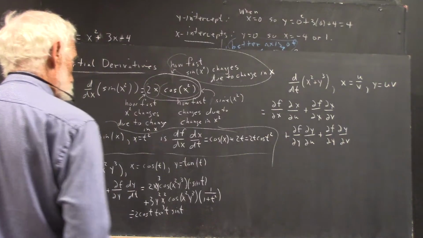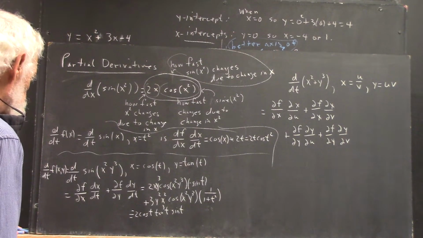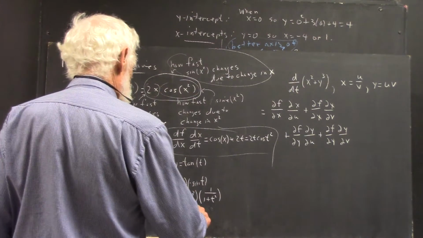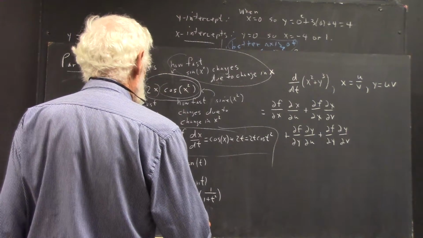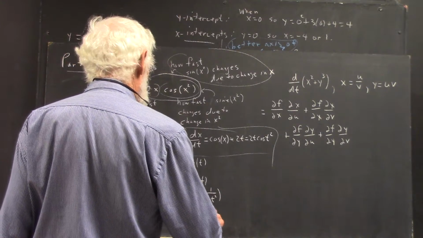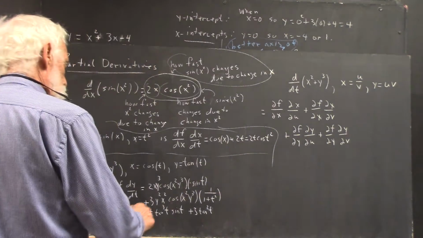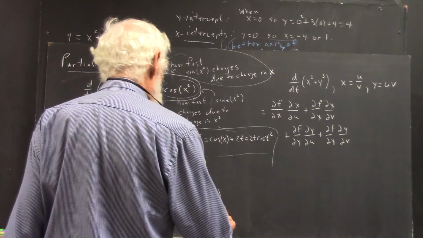There's a negative sign out in front here. And then this term, which is going to be 3, y squared is going to be tangent squared t. X squared is going to be cosine squared of t.